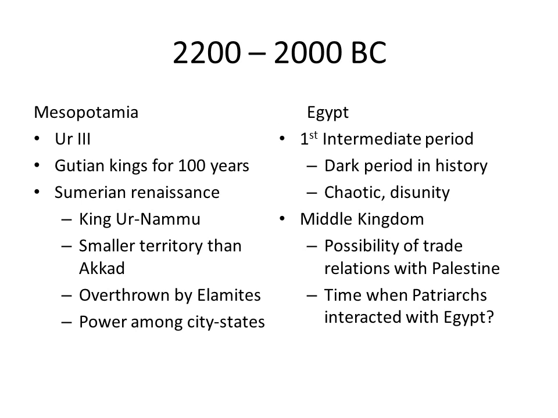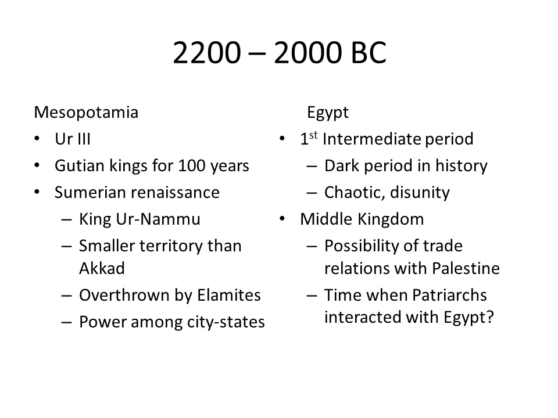2200 to 2000 BC. In Mesopotamia, we have a time called Ur 3, because the main city was Ur. There were about 100 years where these Akkadian kings were in power, and after them, there was a Sumerian Renaissance, which means the Sumerians came to power again. This happened under King Ur-Nammu.